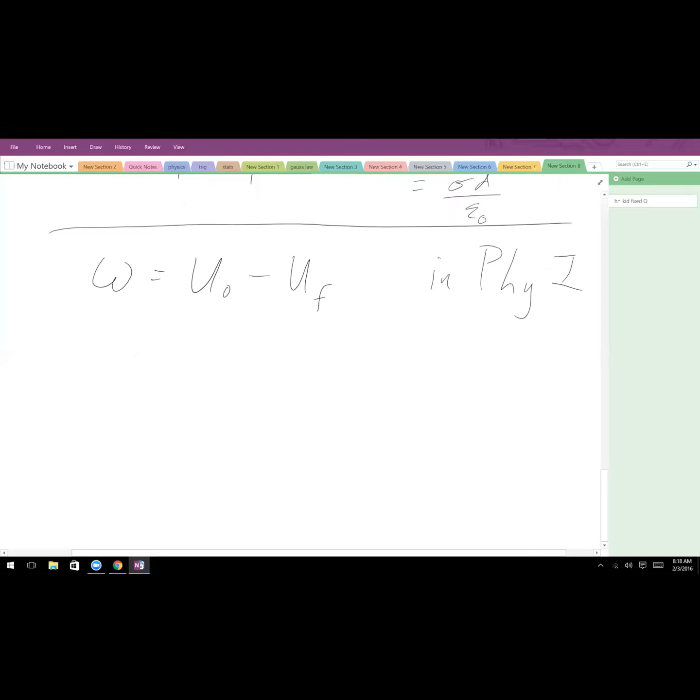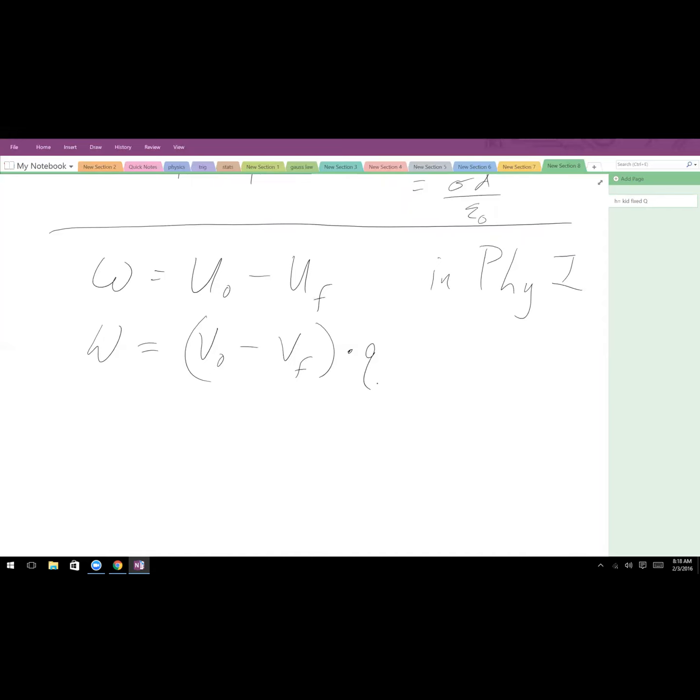Ultimately what we want is still work, but it's going to be the initial potential minus the final potential, and then times Q, right? Because remember, this little electric potential thing is just the potential energy per unit of charge.